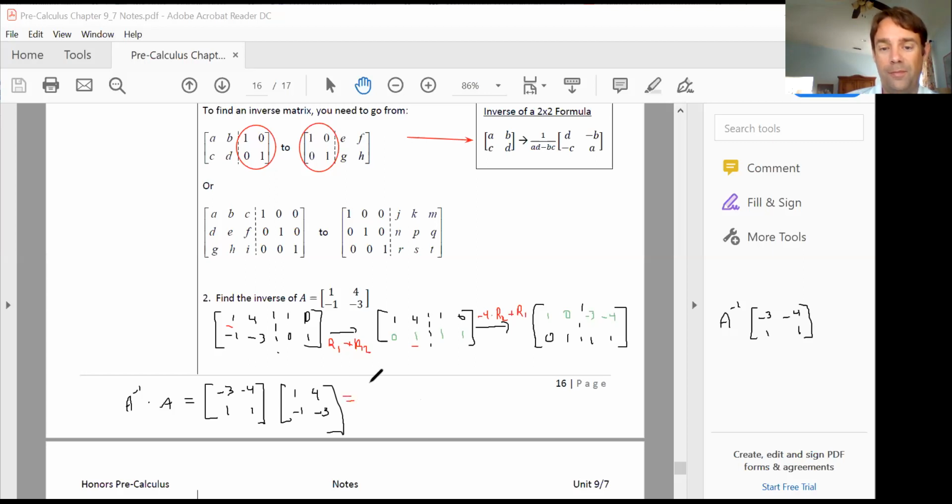All right. Remember, we're doing rows of the first one times columns of the second one. So -3 plus -4. And then we have -3 because we've got 2 columns, times, and then we have our -4.